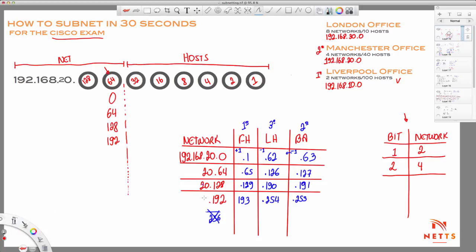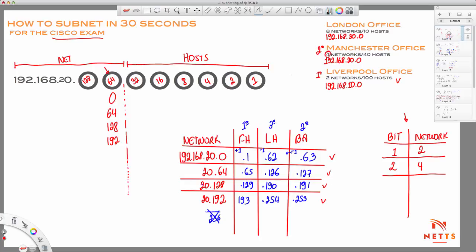Let me leave this 20s in here. There we go. So the first network is going from 192.168.20.0, which is the network itself. 192.168.20.1 is the first host, and you can use hosts up to .62, and the broadcast address of this network is .63. So 1, 2, 3, 4 networks.